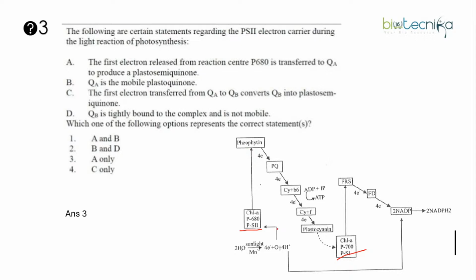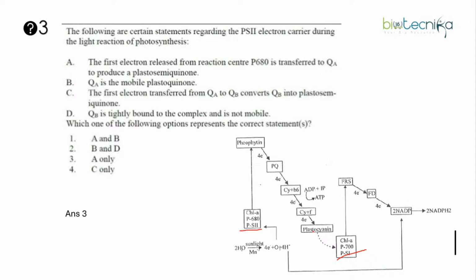Even when water is getting oxidized, it passes an electron here, so it gets excited. The electrons are then captured by pheophytin, which passes the electron to plastoquinone, which passes it to your cytochrome b6f complex.